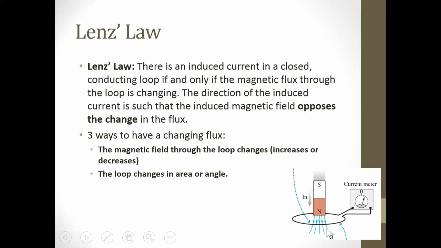So I could make this loop smaller, or I could turn it at an angle so that the flux decreases or increases. And finally, the loop could move into or out of the magnetic field. So if I take the loop and pull it away from the magnet, I'm going to have a decreasing flux. If I move the loop, let's say to the side, I may have a decreasing flux.